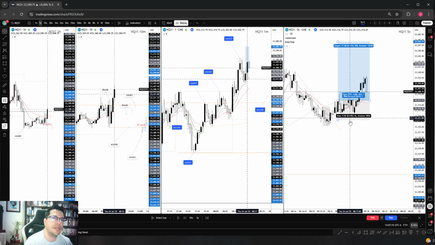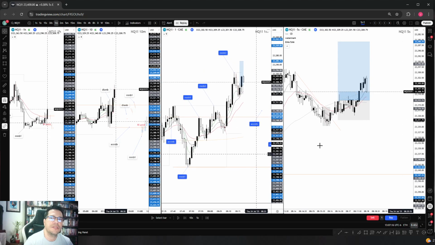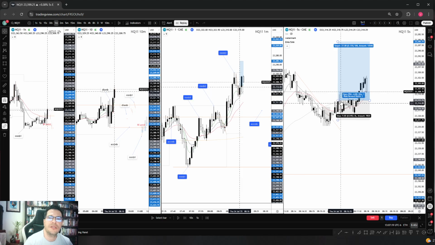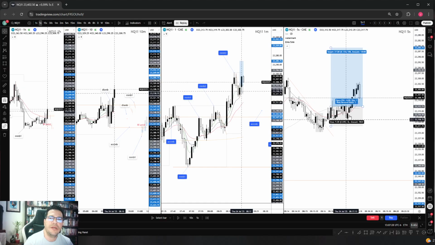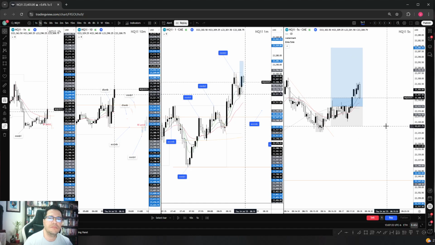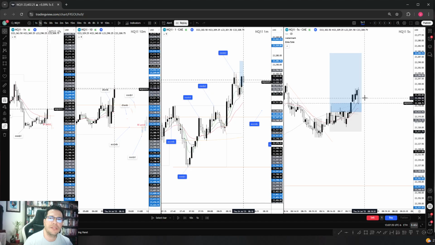One contract again, and this is the trade that I took. This is how it started. It went into some drawdown, came to the entry point again, went back to drawdown, and from there it had a nice reaction, what we were expecting.